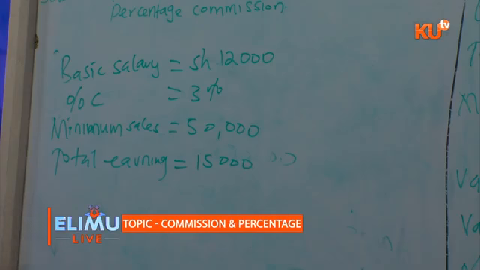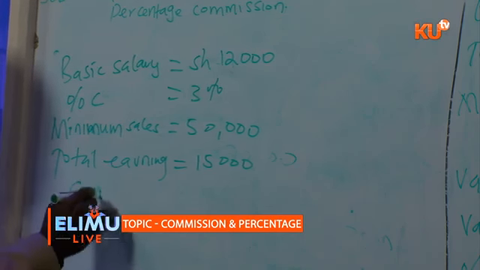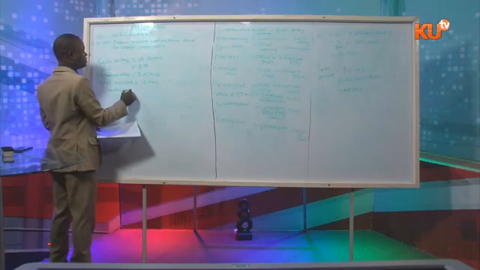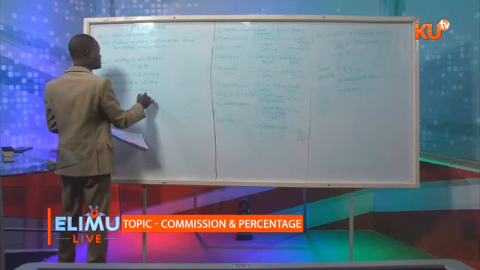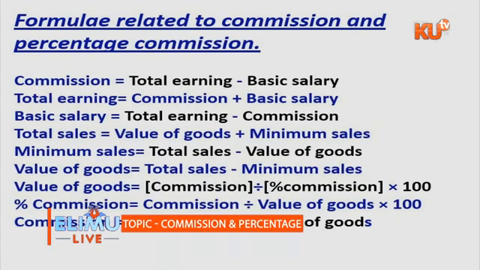So we are supposed to work out and find what was the value of sales. The first thing that I want us to do is to find commission. Commission is equal to total earnings minus basic salary.